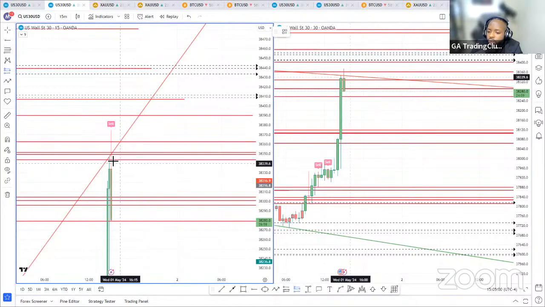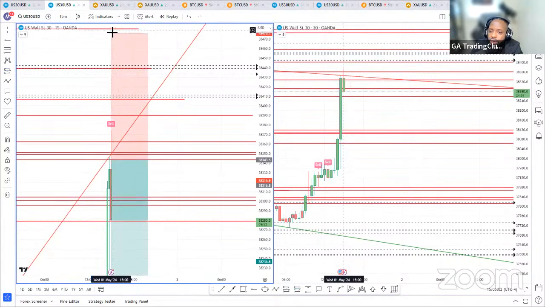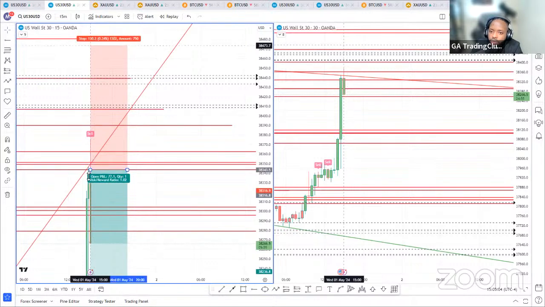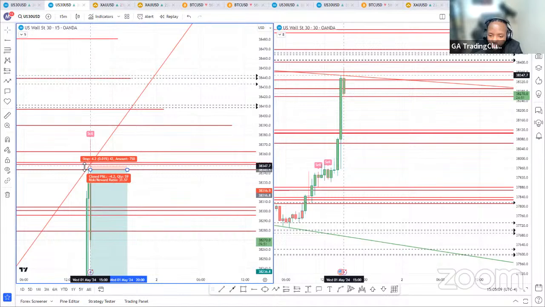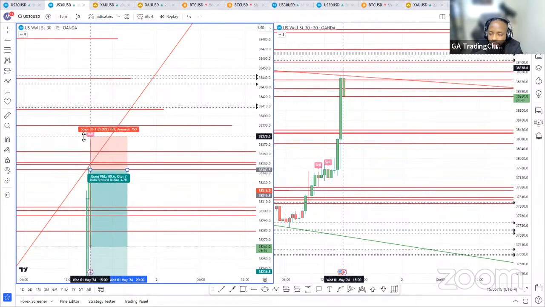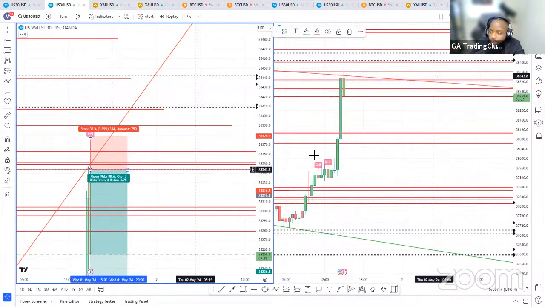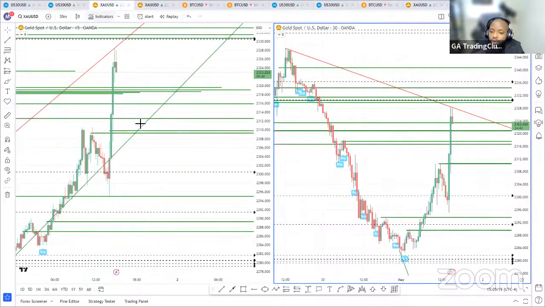Depending on where you would have entered this trade, if you put your stop loss above that previous high, which is literally like a 2-point stop loss, I don't think there's anybody who trades like that. But depending on where you entered and where your stop loss was, you would have either gotten stopped out or you'd be in profit. But anyway, we didn't take that one, so no need to coulda, shoulda. No buys on gold.